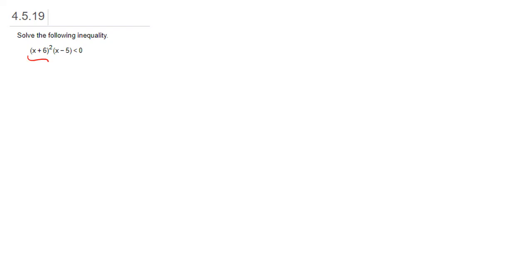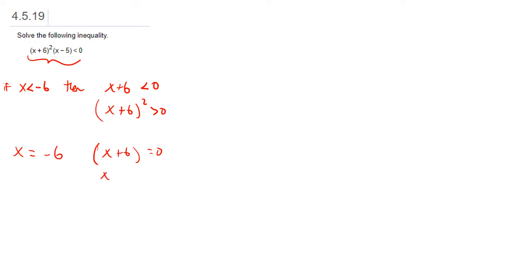So this polynomial has already been factored for us. So we know if x is less than minus 6, then x plus 6 is negative, but then x plus 6 squared is positive. If x equals minus 6, then x plus 6 equals 0, in which case x plus 6 squared equals 0.